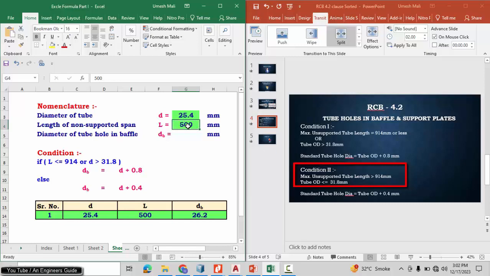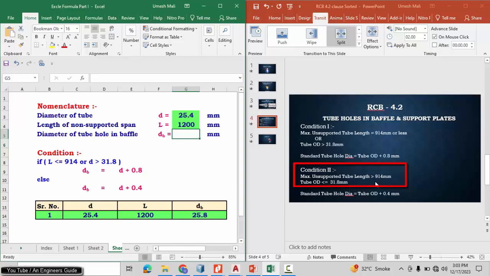Here I am increasing my unsupported tube length to 1200. You can see that if my unsupported tube length is greater than 914 mm, my standard tube hole dia is 25.4 plus 0.4, which is 25.8.